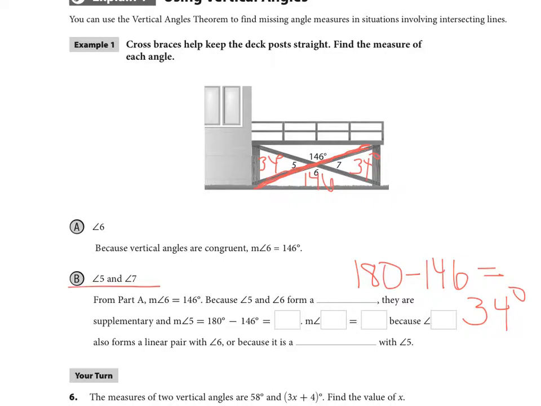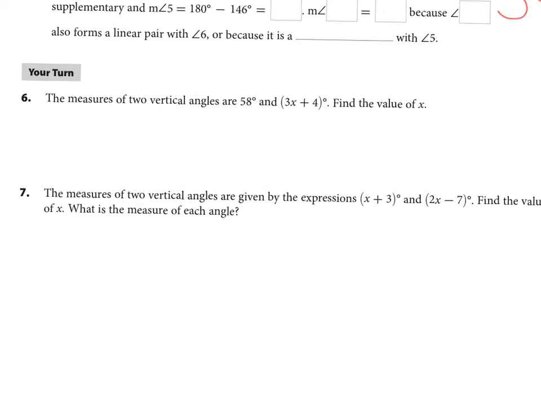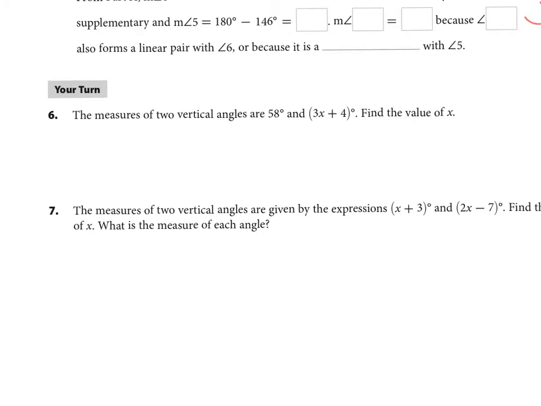So let's look down here to your turn. Find the two measures of vertical angles. The measures of two vertical angles are 58 degrees and 3x plus 4 degrees. Find the value of x. So the first thing I'm going to suggest you do is draw two vertical angles. Okay, I'm going to label one 58, and I'm going to label the other one 3x plus 4.